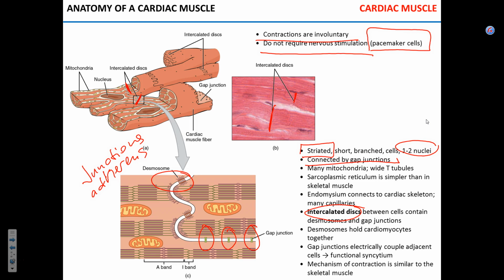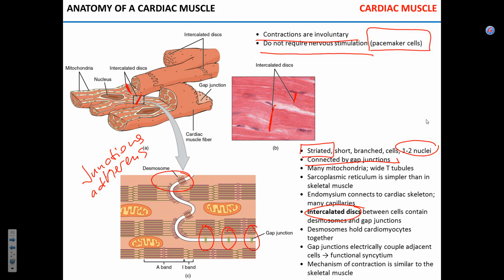Now, gap junctions, as you remember, are basically ion channels that enable the flow of ions between the cells. Does that make sense? Enabling cardiomyocytes to work as a functional syncytium. Which is important because if you think about it, the heart contains millions of cardiac muscle cells.